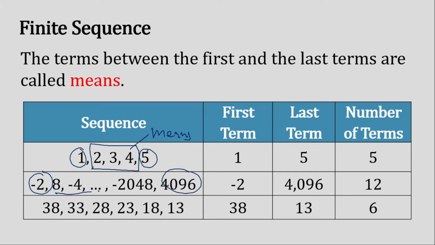All the numbers between them in this sequence are the means. The extremes are 38 and 13. Then all the numbers between them are the means. So that's for the finite sequence.